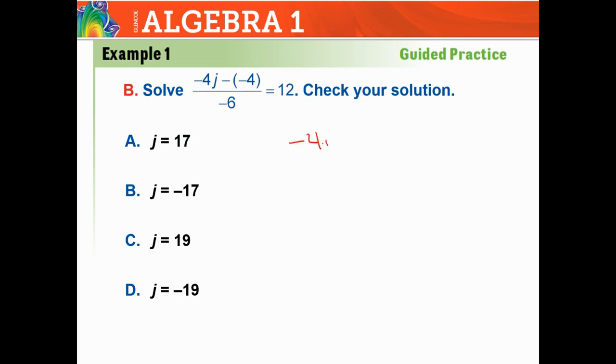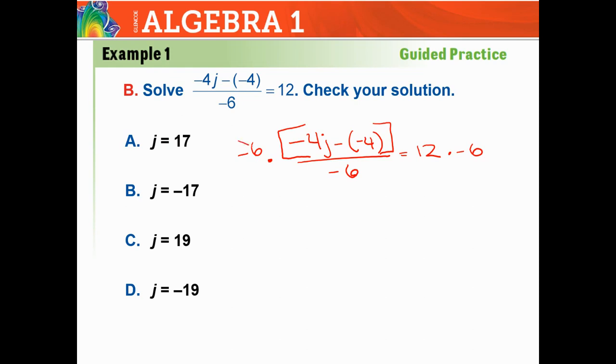Pause the video. We get 4j minus a -4, all divided by -6 equals 12. When we see this problem, we should always think that we need to get rid of our divide by 6 because this whole thing up here, all of it's being divided by 6. So we have to multiply by a -6 on both sides.